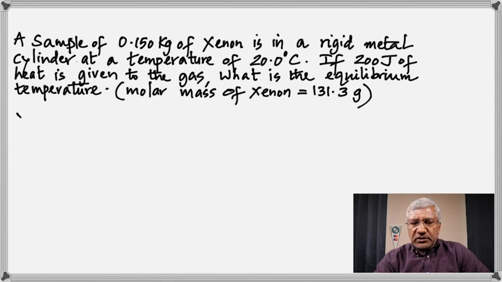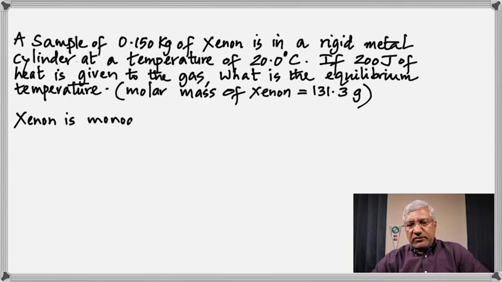Let's do this. Now, xenon is monoatomic. Xe, it's monoatomic. That tells us that Q is 3nR delta T by 2.